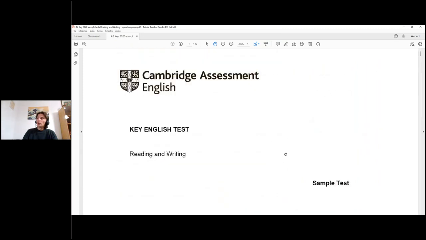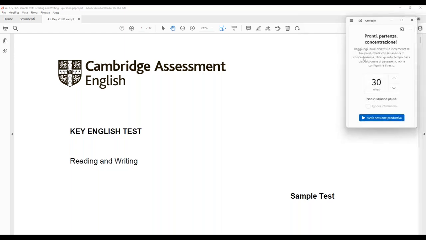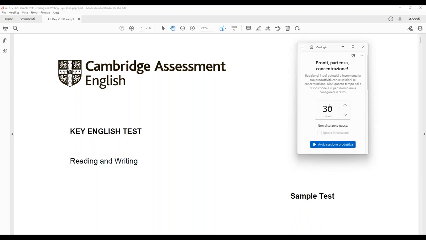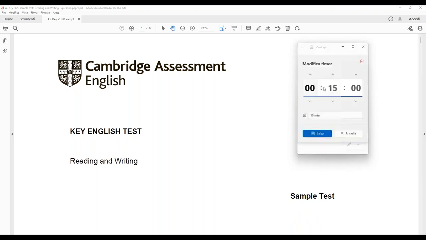So at this point, I think that we are ready to start. What I'm going to do now is set up our clock. We said an hour, so we can turn this to 0, okay? And an hour will be plenty.